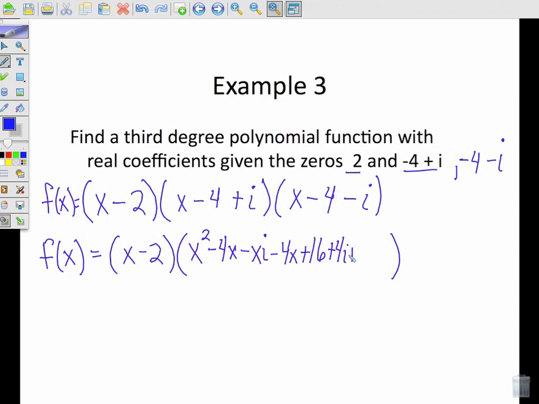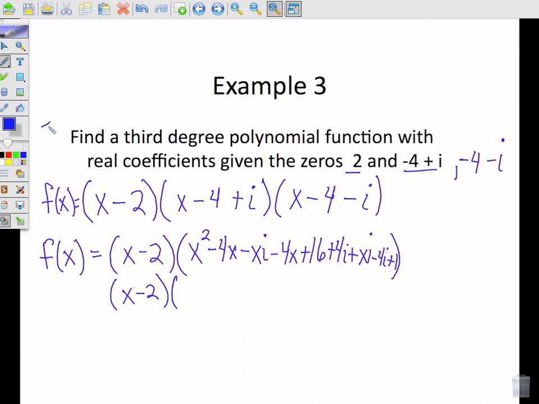And then we got 3 more. xi, so plus xi, minus 4i, and negative i times positive i is negative i squared, which is plus 1.